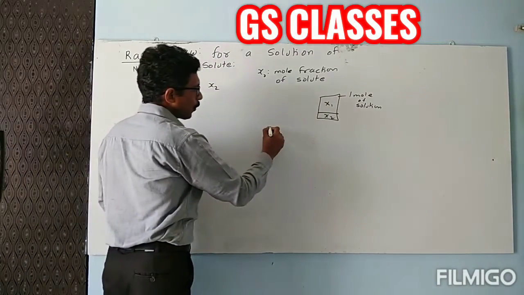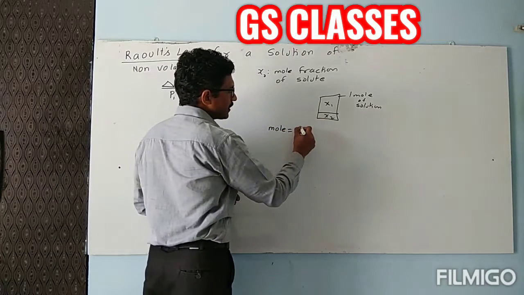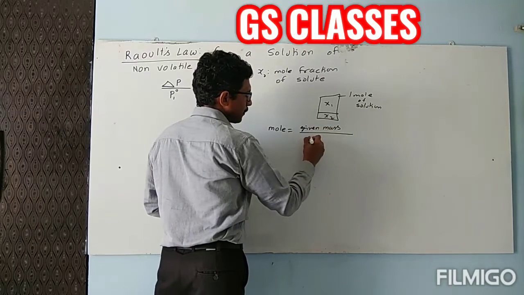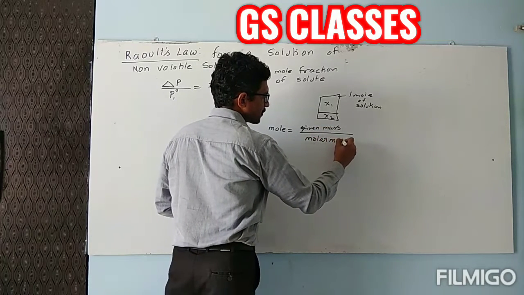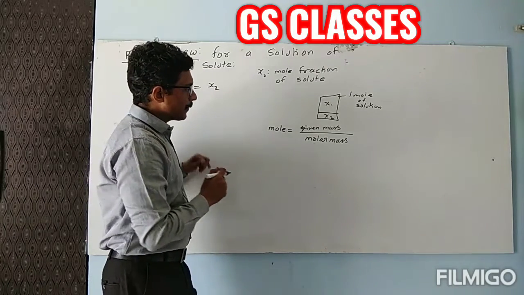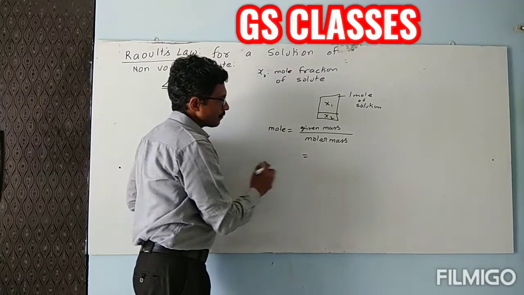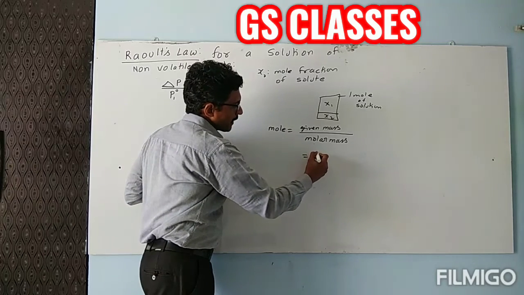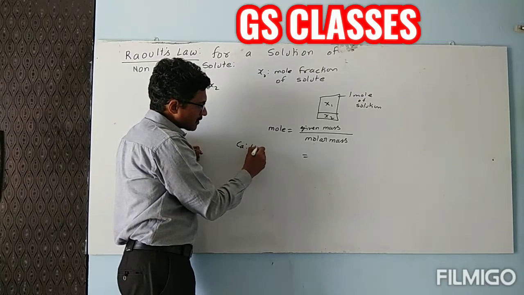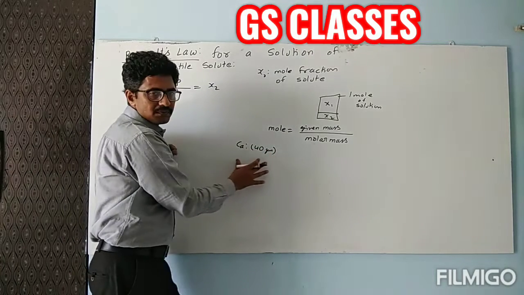Children, while calculating mole, we divide given mass by molar mass of any substance. For example, take calcium, which is having molar mass as 40 gram. Now what does it mean?